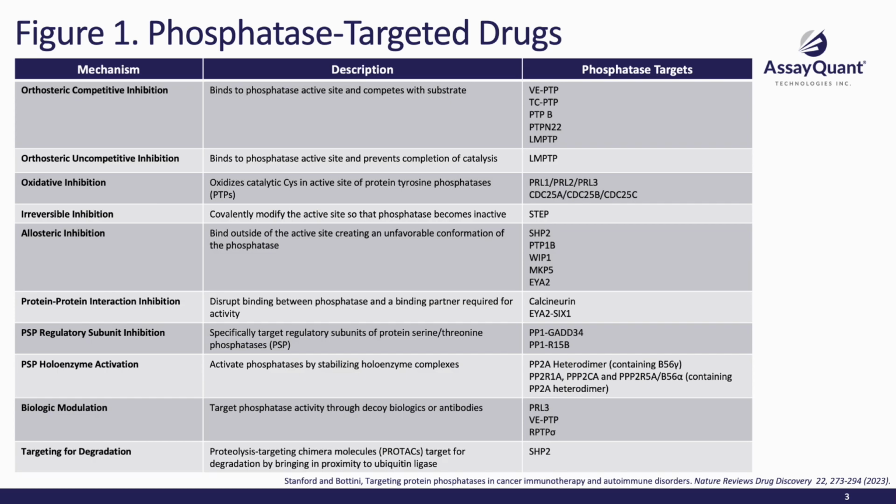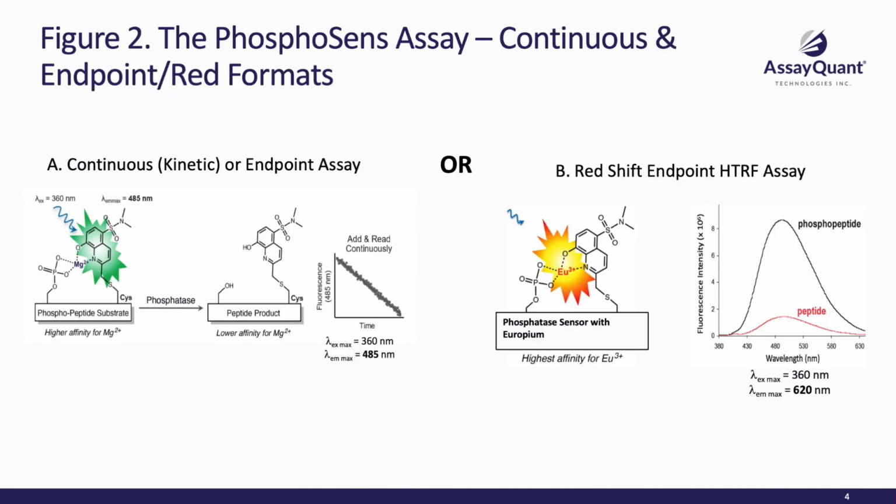AssayQuant utilizes PhosphoSense technology developed by Dr. Barbara Imperiali at MIT to develop assays for phosphatase inhibition or activation. A peptide is synthesized containing a phosphorylated serine, threonine, or tyrosine residue with a Sox moiety.